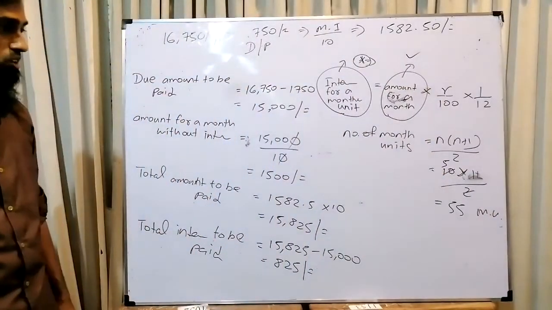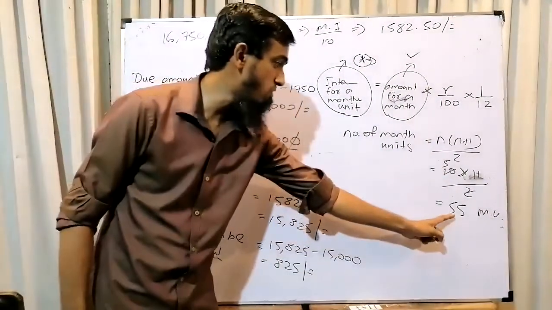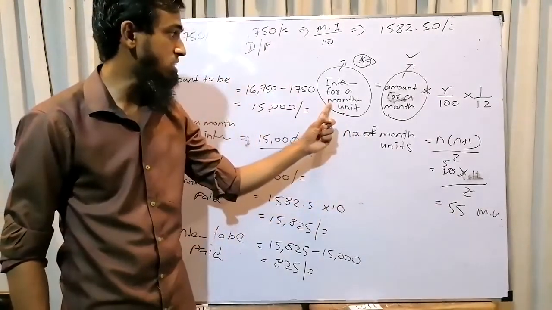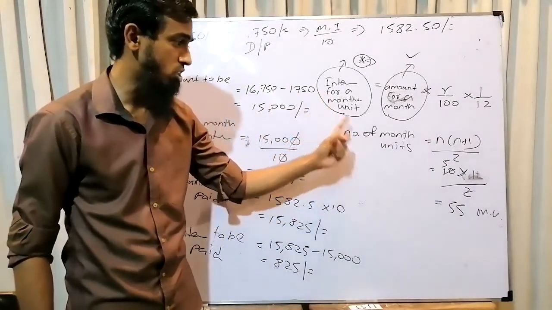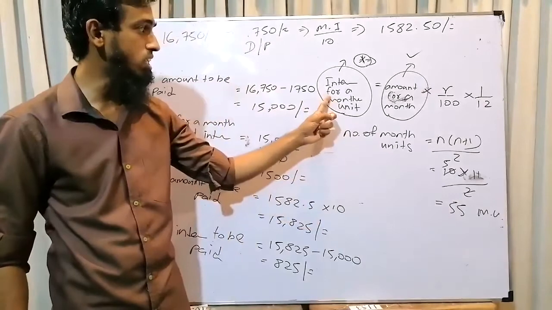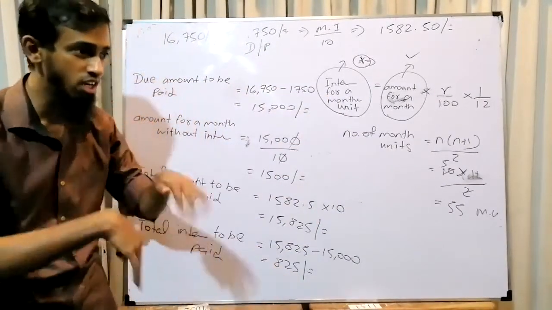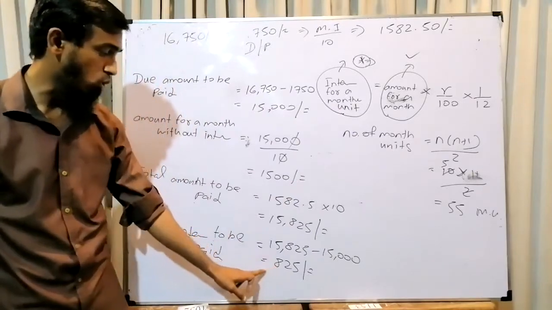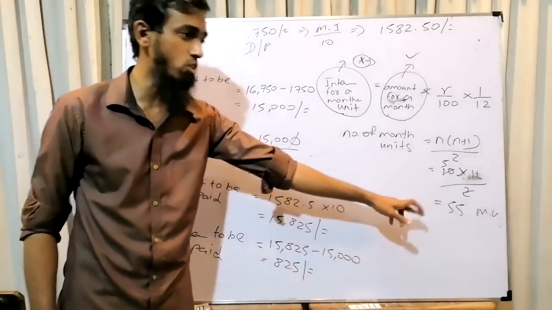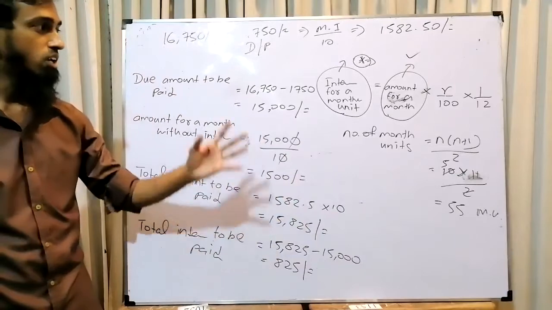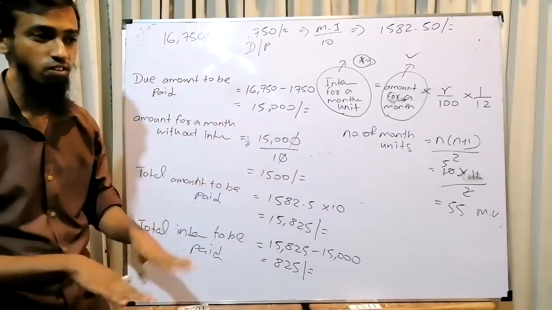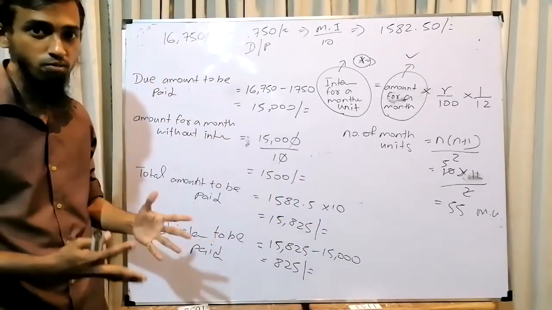If you multiply 55 by this amount, the interest for a month unit, you get 825. So in reverse, if you divide total interest by number of month units, it will give the interest for a unit. That's what we need.